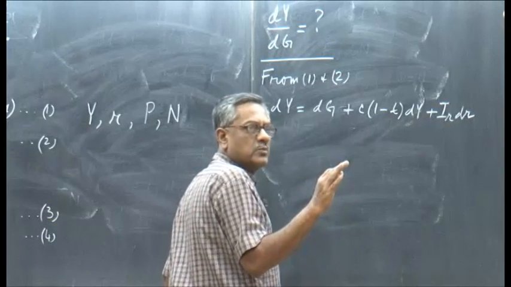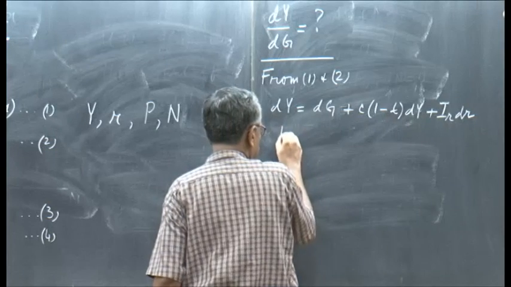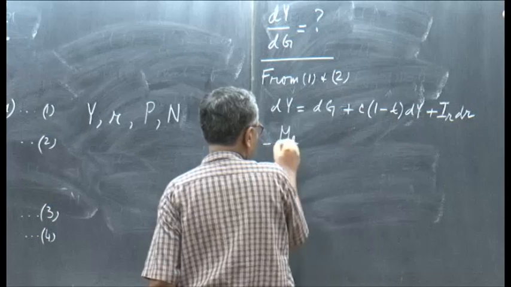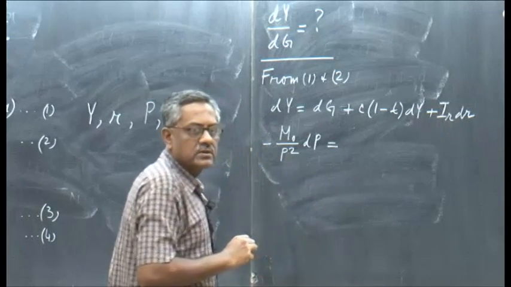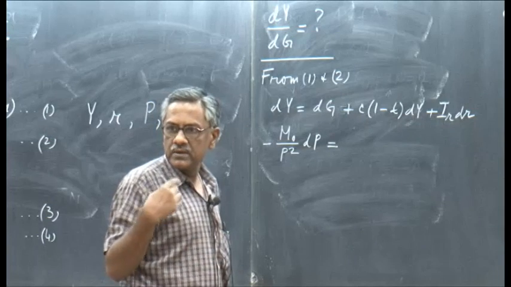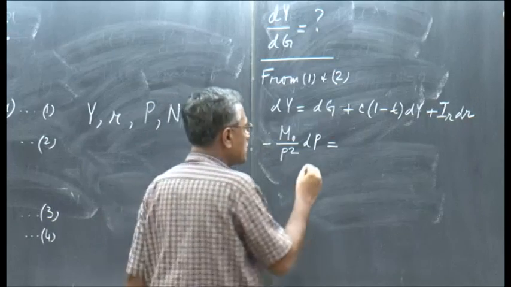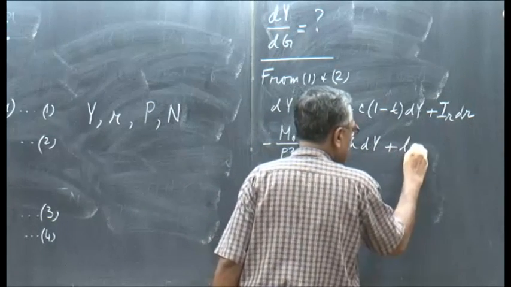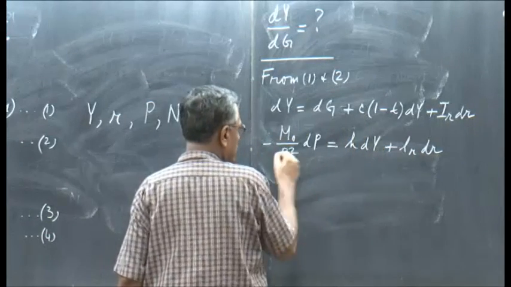We will consider the monetary policy multiplier, dY/dM, later. So it will be minus M naught over P square dP. Am I correct? If you differentiate P, minus M naught over P square dP is equal to h dY plus L_R dR.